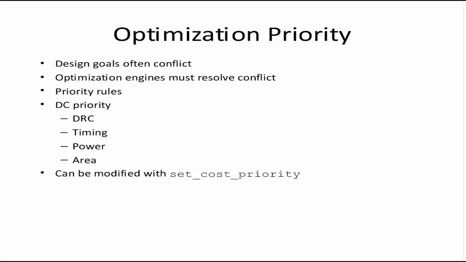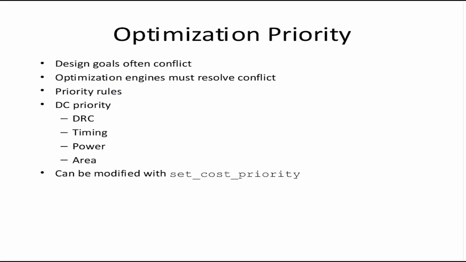Now let's look at the optimization priority. As stressed earlier, design goals often conflict. For example, area, timing, and power are conflicting design goals. The optimization engine of Design Compiler must resolve the conflict, and therefore the priority comes into the picture.